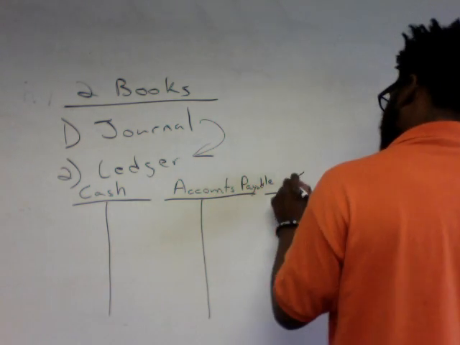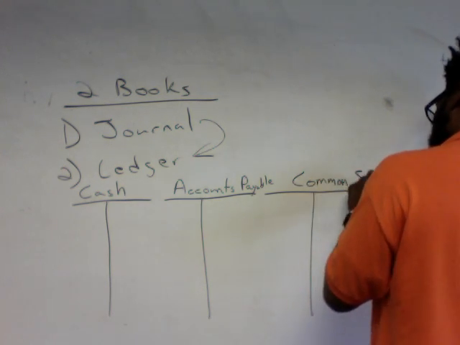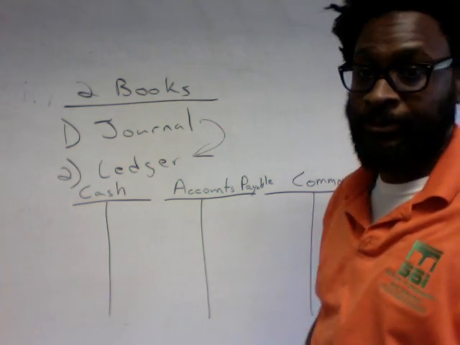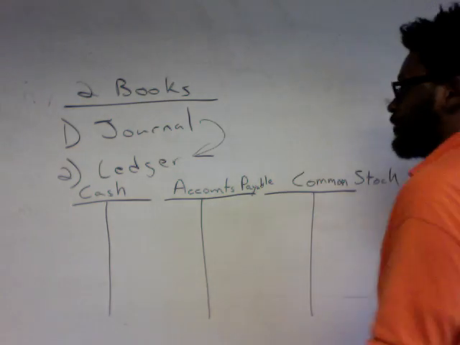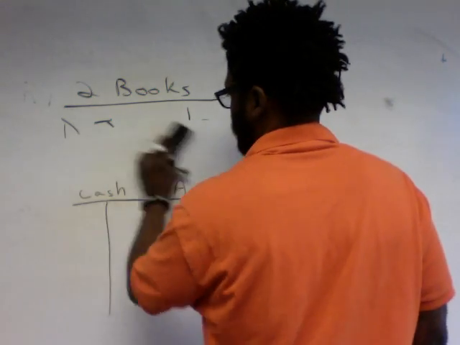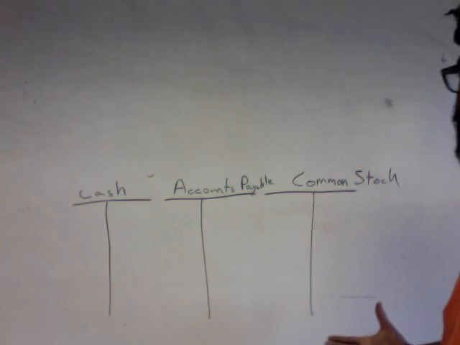And let's say common stock. Common stock is a part of paid-in capital, which is a part of stockholders' equity. I could list them all day if I wanted to, but this is what will all be considered inside of your ledger. Your ledger consists of each account with its own T account.